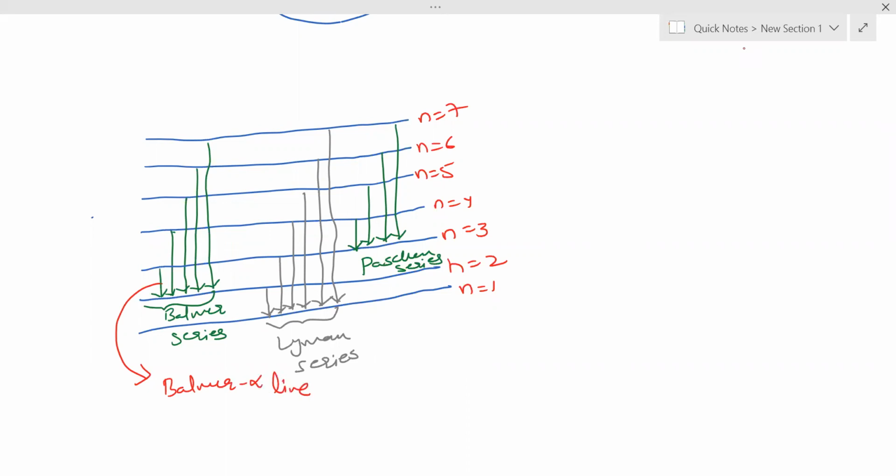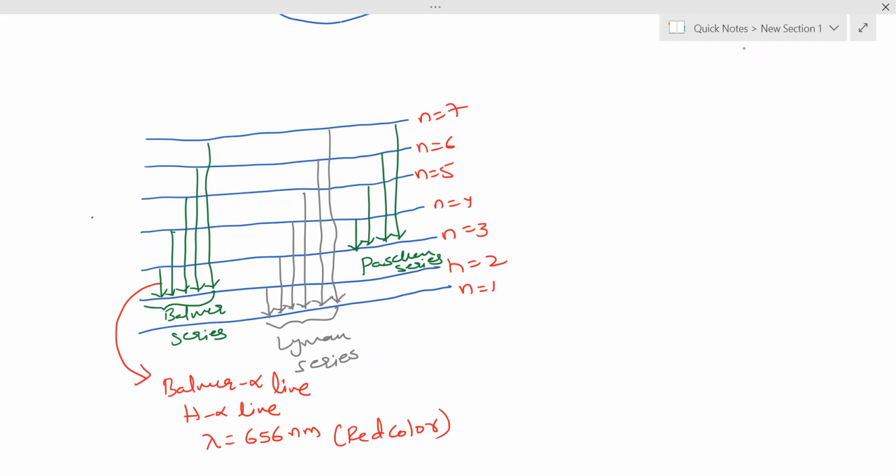As it is about hydrogen, this is also called the H alpha line, and the wavelength of photons emitted by this transition, that is from n equal to 3 to n equal to 2, will be 656 nanometer. This comes under red color. It falls in red color.